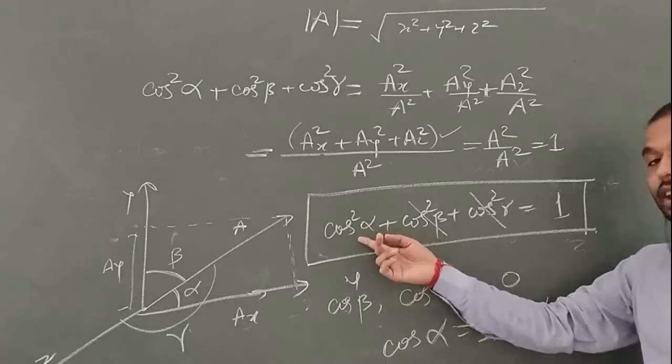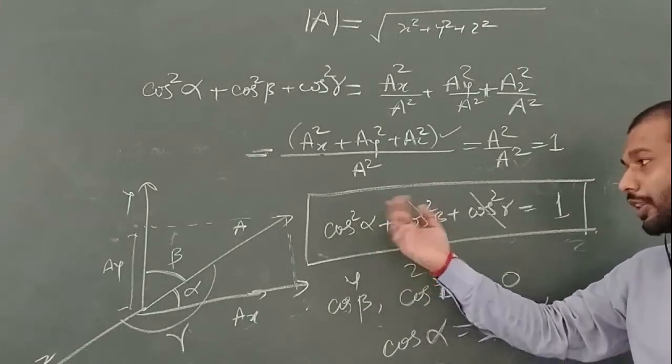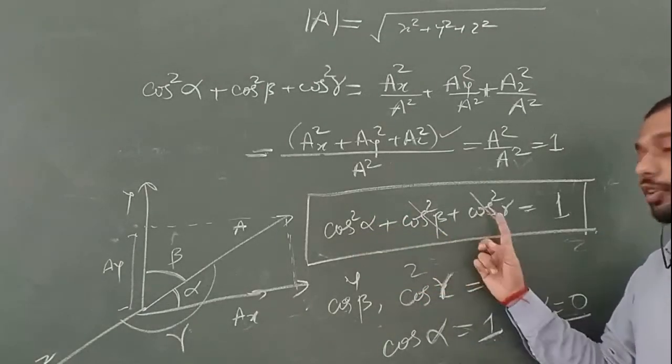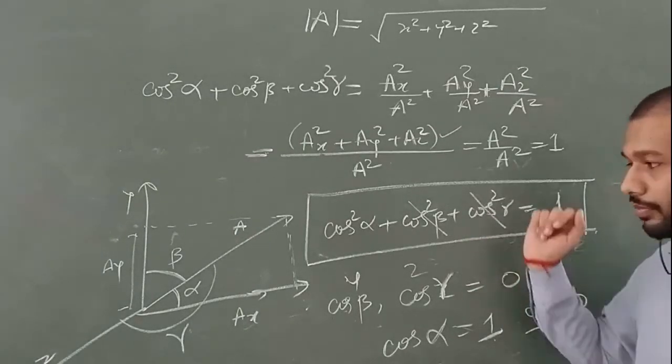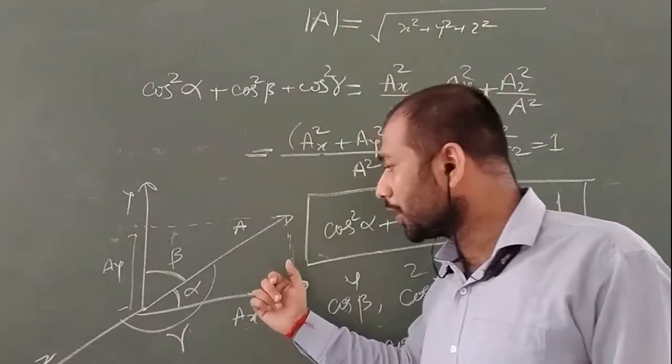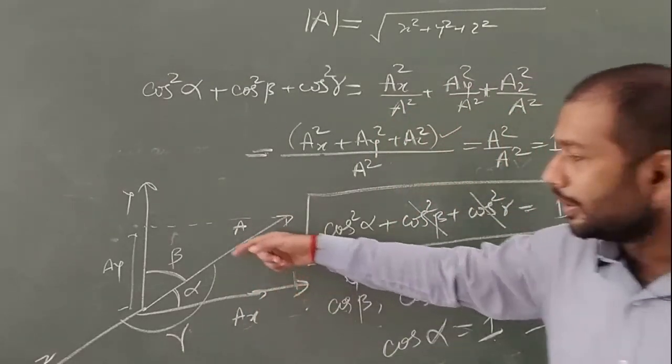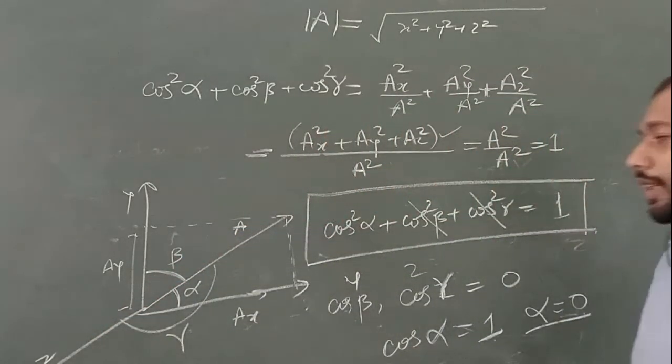Similarly, if cos alpha and cos beta are 0, then you have cos square gamma equal to 1. Then you can conclude that our vector is parallel to the z-axis. Alright, so these are the significances of our direction cosine.